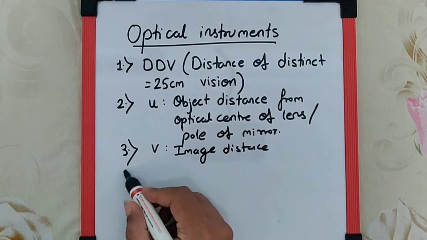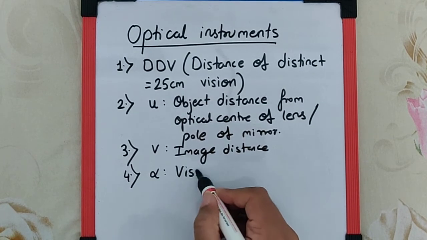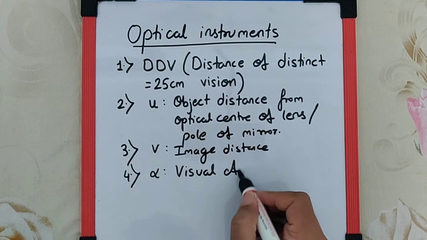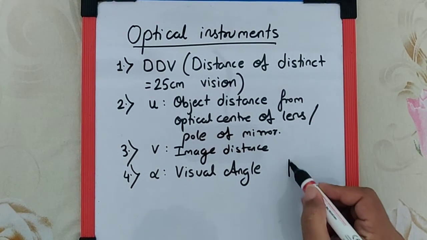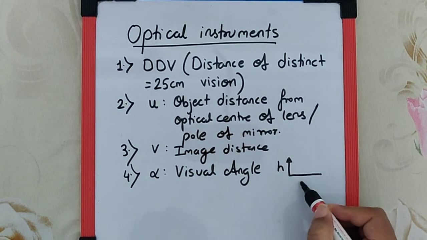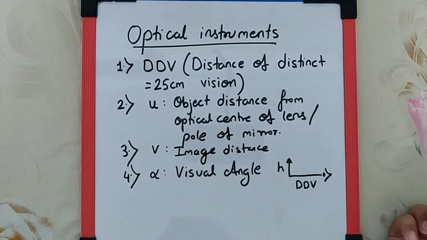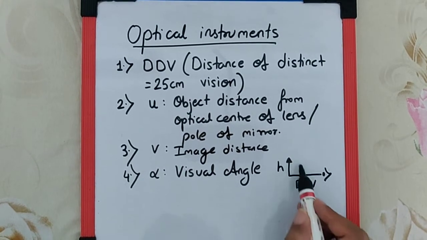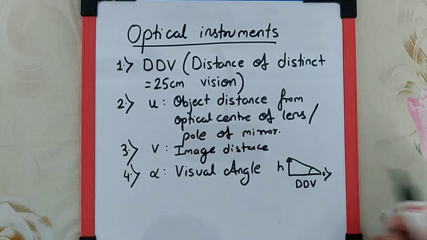The next term is alpha, or called visual angle. Now let's say an object of height h is placed at a distance of DDV from your eyes, such that the object subtends an angle at your eye.